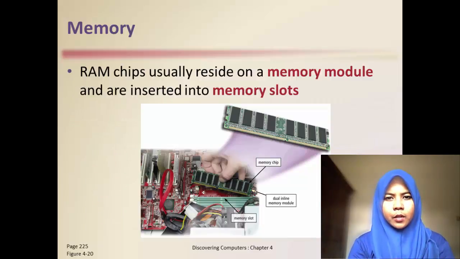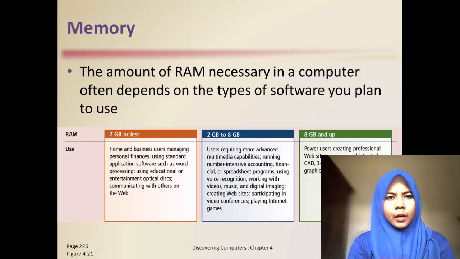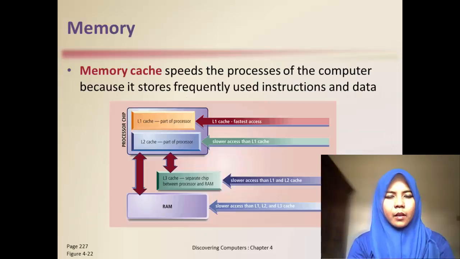RAM chips usually reside on a memory module and are inserted into memory slots. The amount of RAM necessary in a computer often depends on the type of software you plan to use. Memory cache speeds the processing of the computer because it stores frequently used instructions and data.